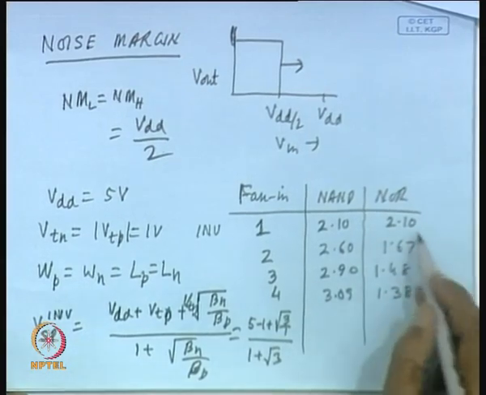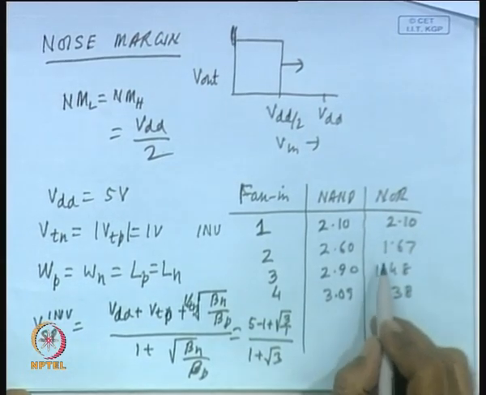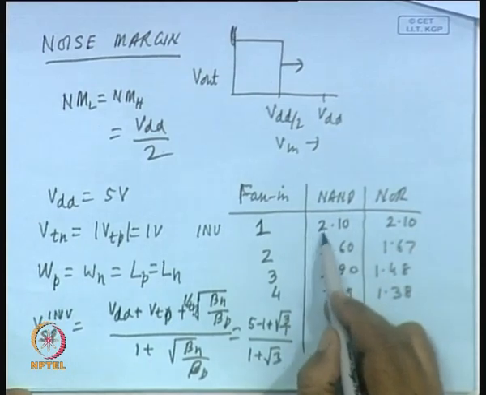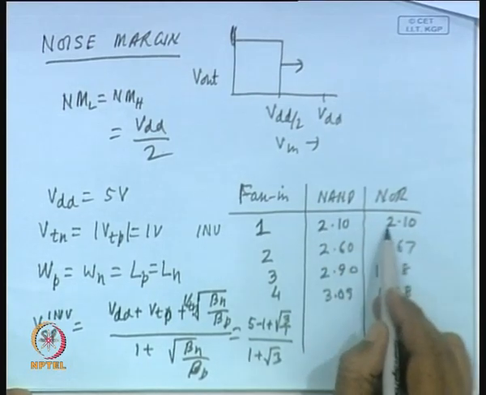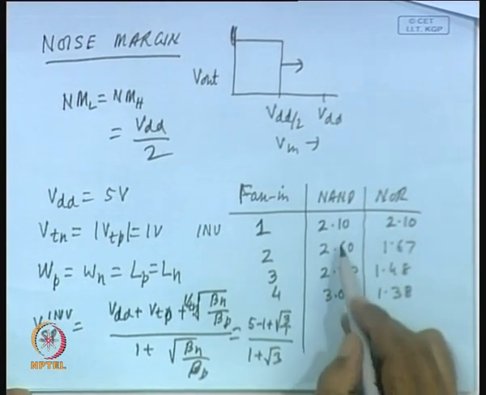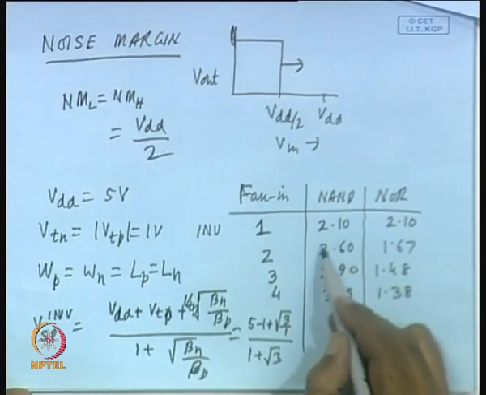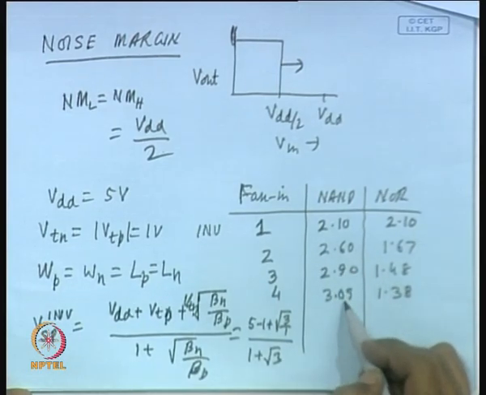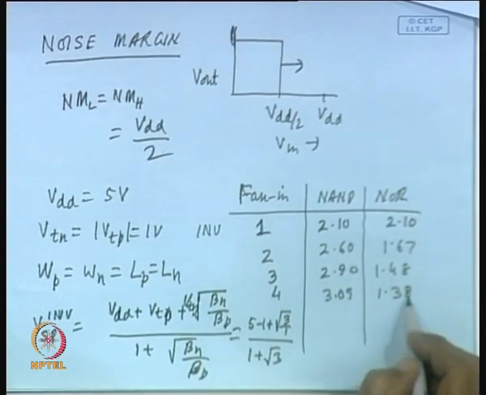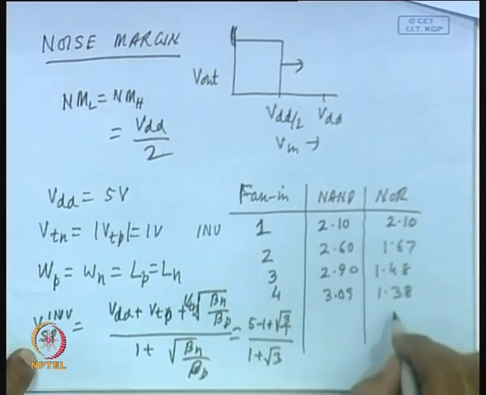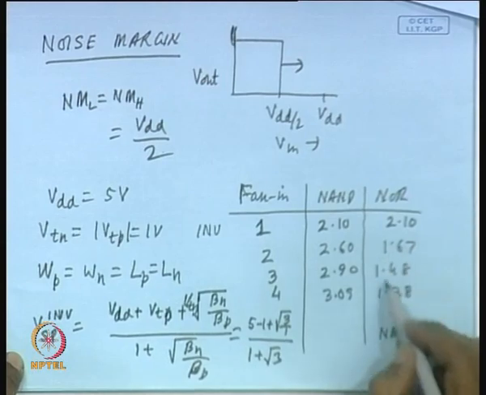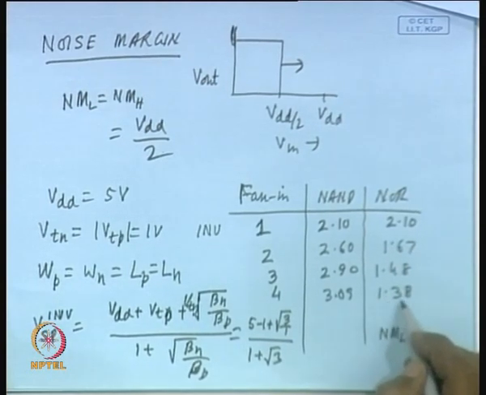So, what we are observing is that since it is starting with a lower value than the midpoint, by increasing it, it is becoming closer to the midpoint. But noise margin is definitely better for the NAND gate than the NOR gate, because in this particular case NML, the noise margin low, is very bad. I mean, instead of 2.5 it is 1.38.